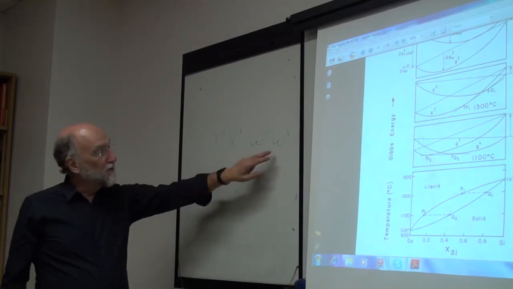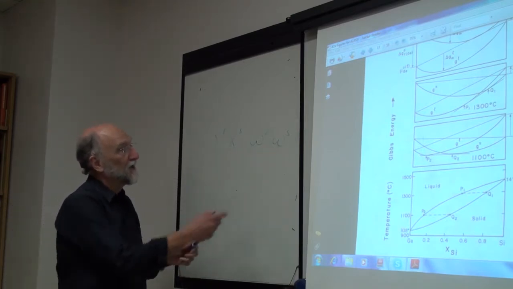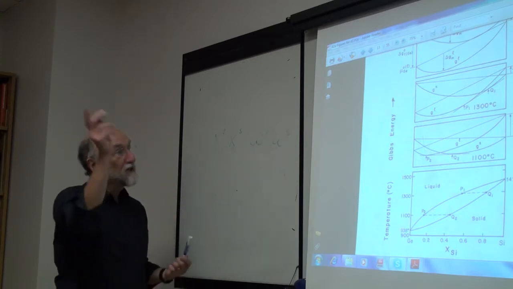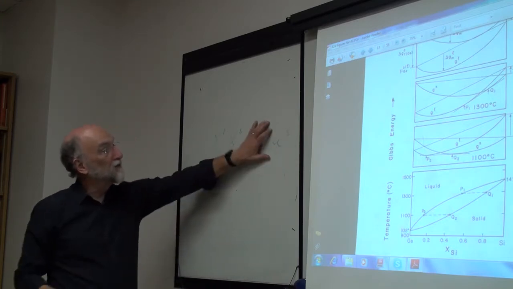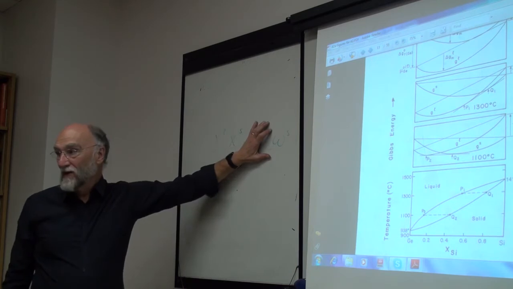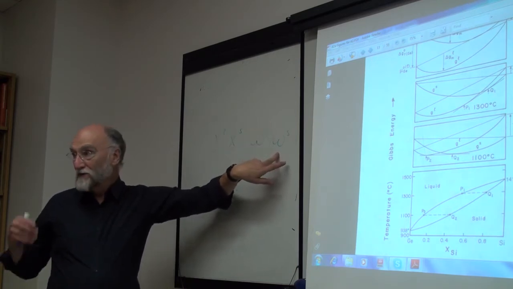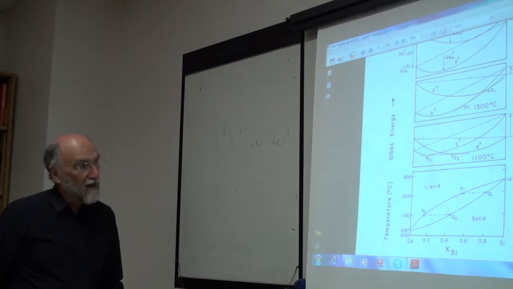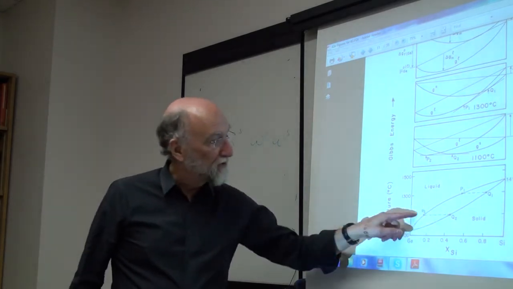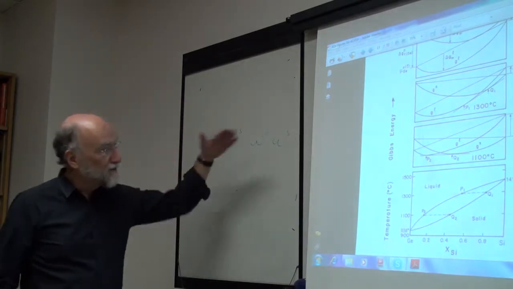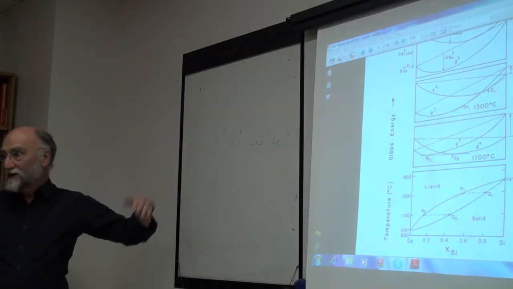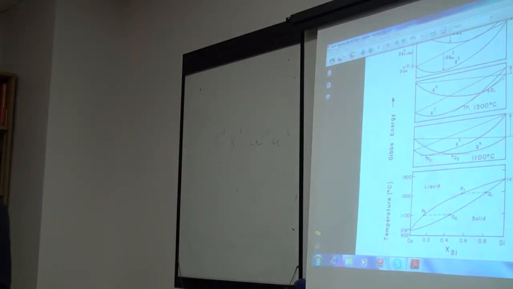Or I could use a subregular solution where this was a linear function of composition or something, but then I would have to assume something about this one. Or I'd assume that this was temperature dependent. But what you really have at any temperature is that the chemical potentials of the two phases are equal, so you have two equations at each temperature.